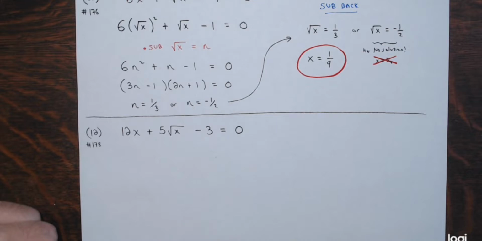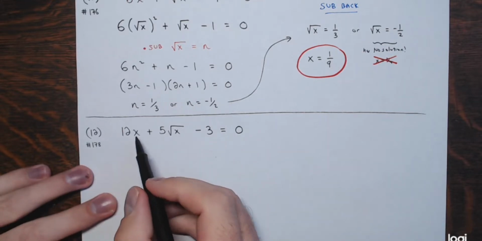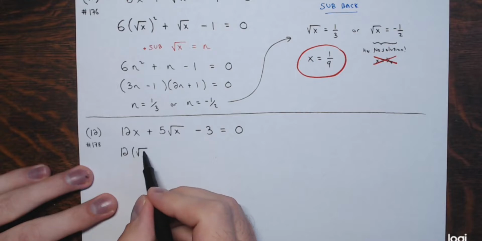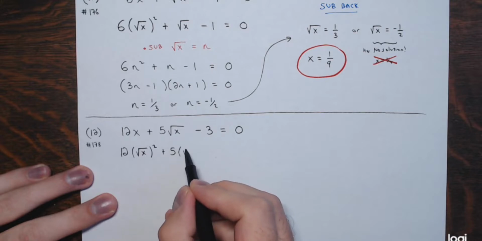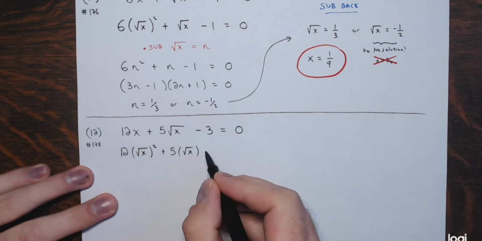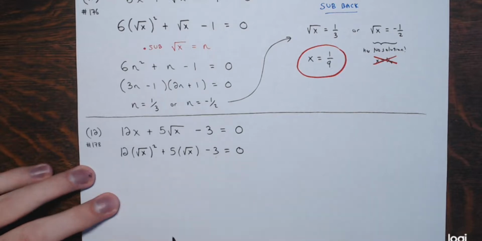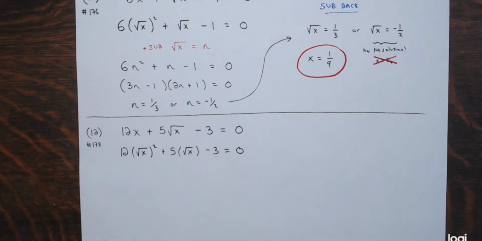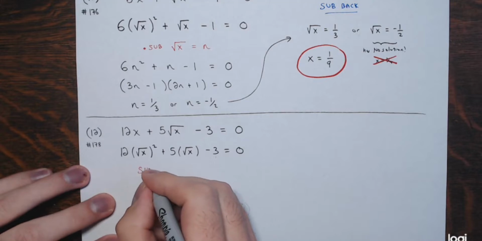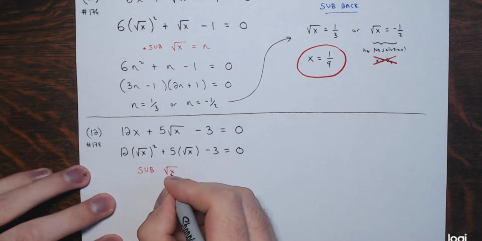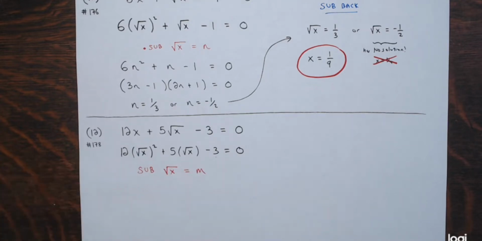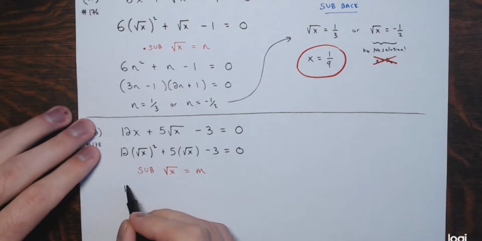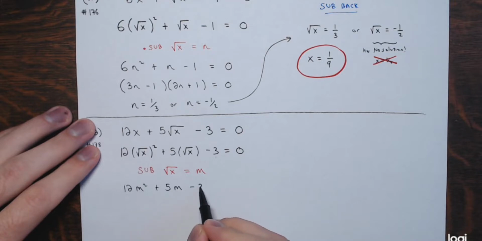Alright, number 12, same setup. Again, I'm going to rewrite x as the square root of x squared. Then we have plus 5 times the square root of x to the first, then minus 3 equals 0. It's definitely in quadratic form, so I'm going to make a substitution: the square root of x equals m. So this becomes 12m squared plus 5m minus 3 equals 0.